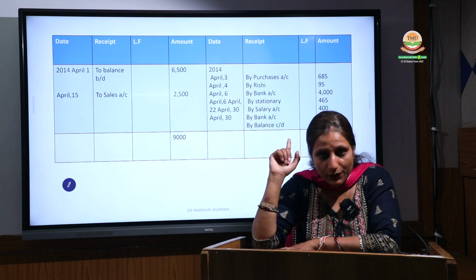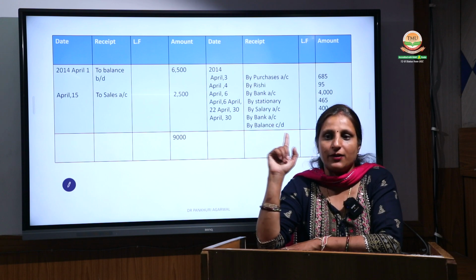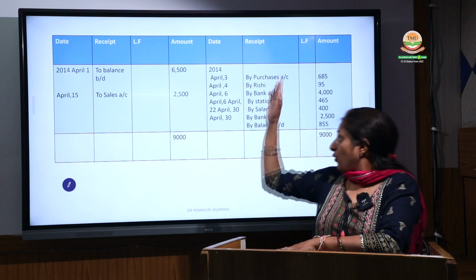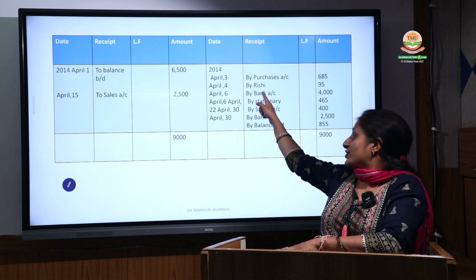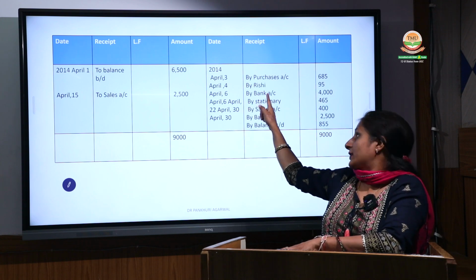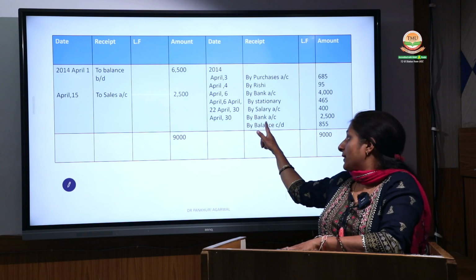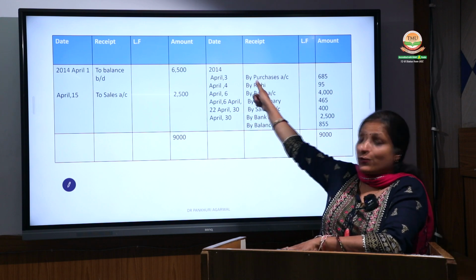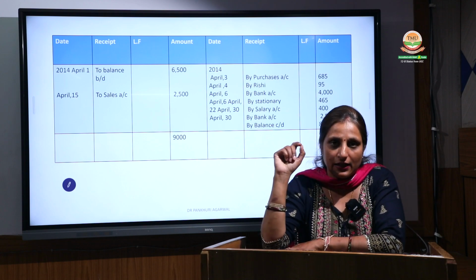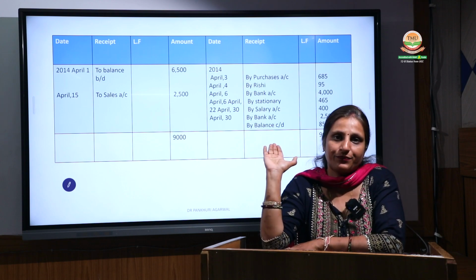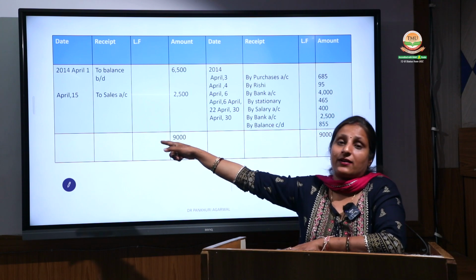The party you have made the payment to will come on this side. You are making payment to Rishi, to the bank, to the stationery, of salary, of the bank account, and of the purchase. Therefore, this comes under the payment side. You receive payment from sales, therefore the sales account comes under the receipt side.